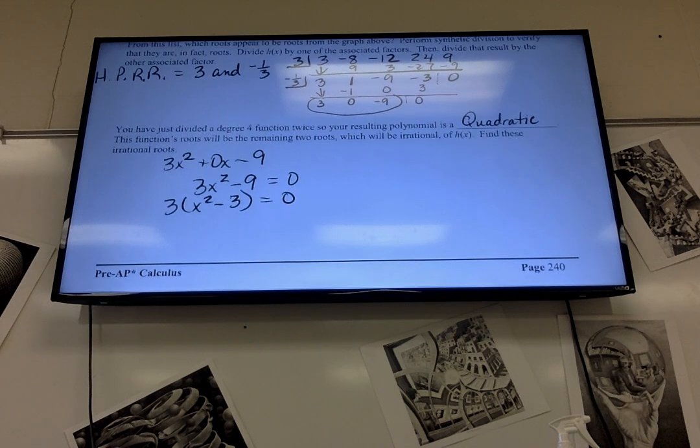That's not a difference of 2 squares, because 3 is not a perfect square, so that's not going to help. Set each one equal to 0. Well, obviously 3 doesn't equal 0, so I don't have to worry there. X squared minus 3 equals 0. Add 3 to both sides.